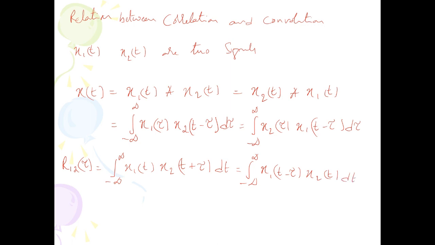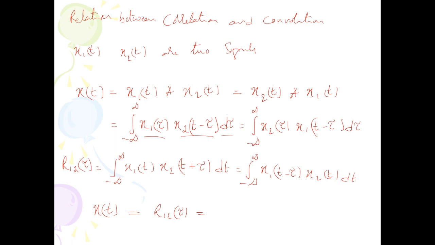By comparing the x of t equation and the R12 of tau equation, simply by interchanging, suppose this is considered x1 of tau and x2 of t minus tau.